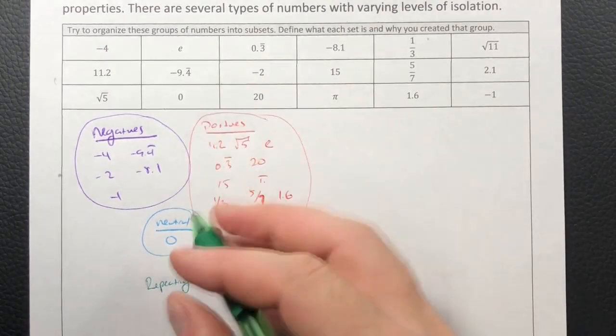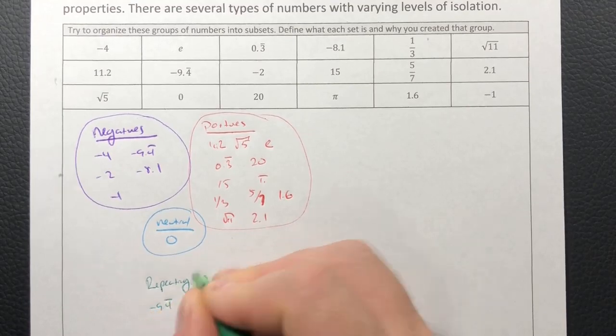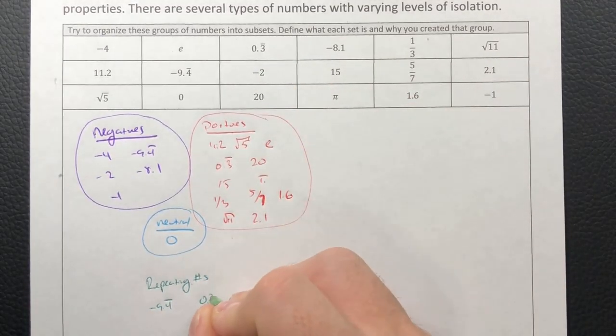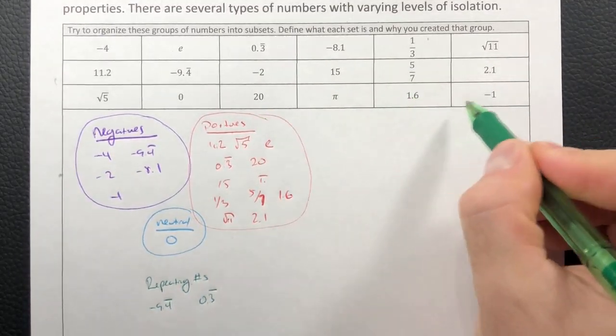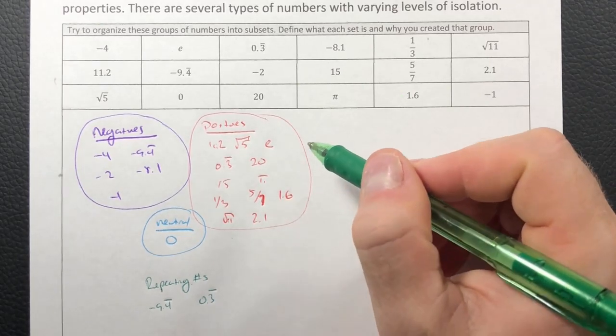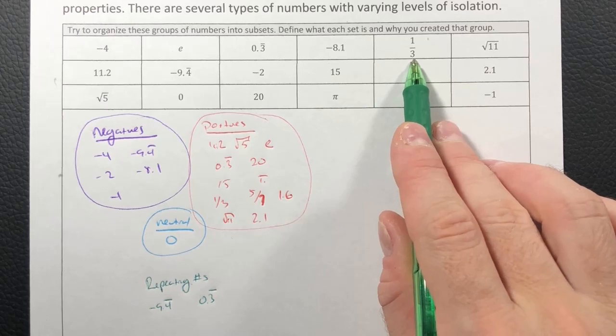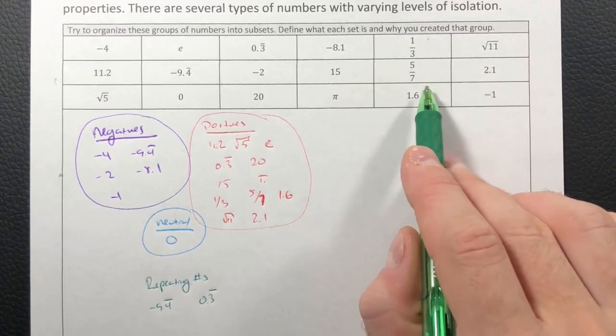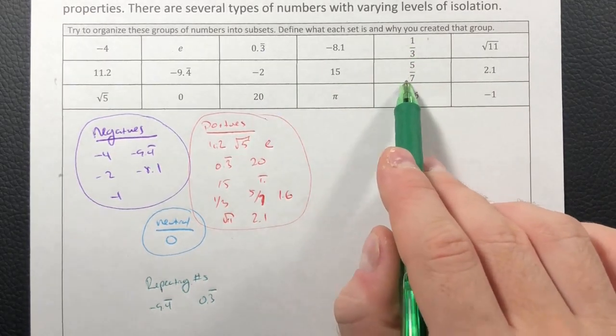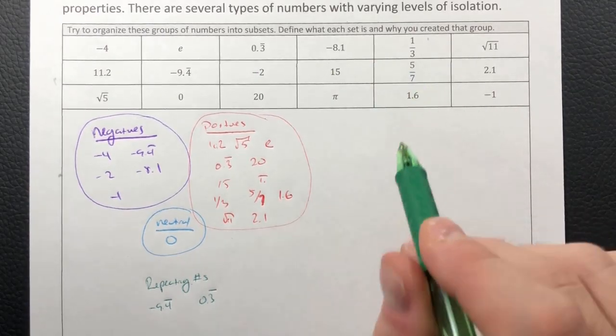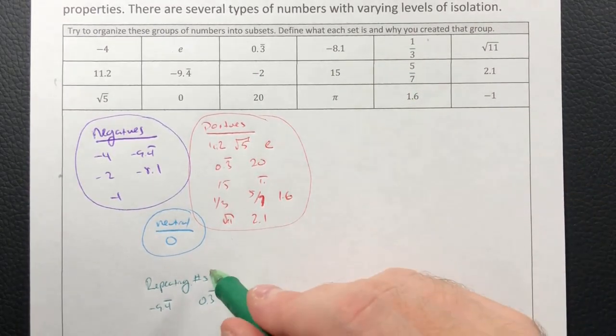And in my repeating numbers, I have -9.4 repeating. I have 0.3 repeating. And then that's it for the explicit ones. Now, you could argue that 1/3 is a repeating number because that as a fraction is 0.3 repeating. 5/7 would also be some sort of repeating number. I don't know off the top of my head, but we have two of these.